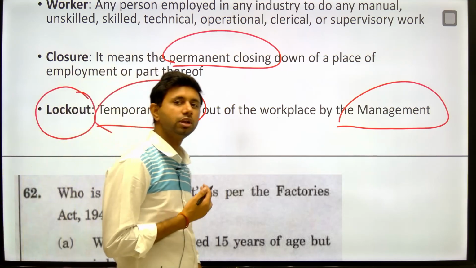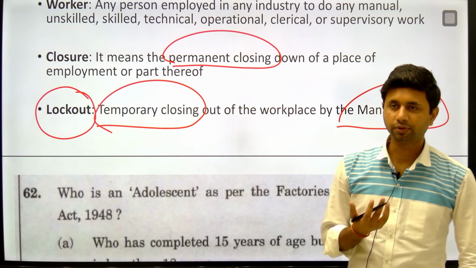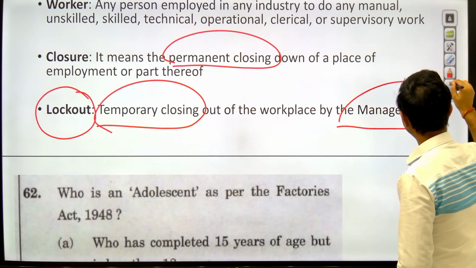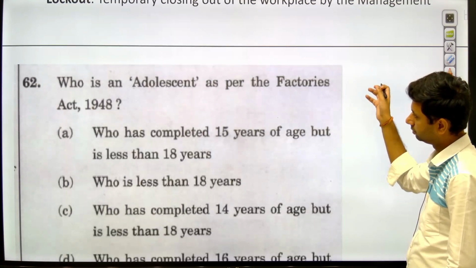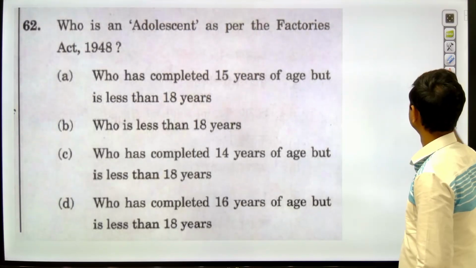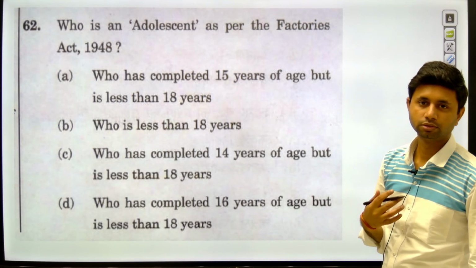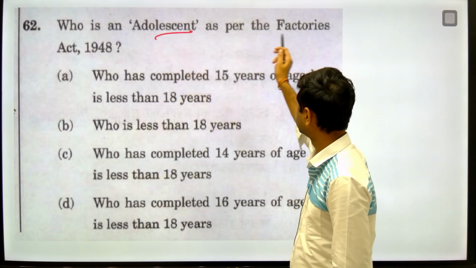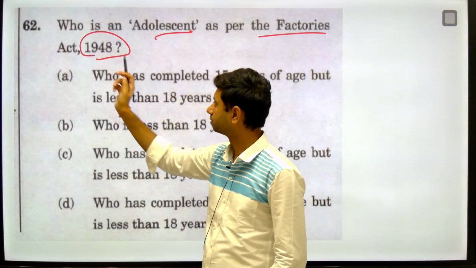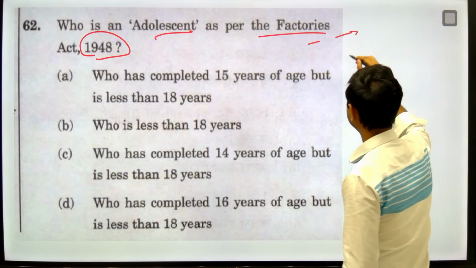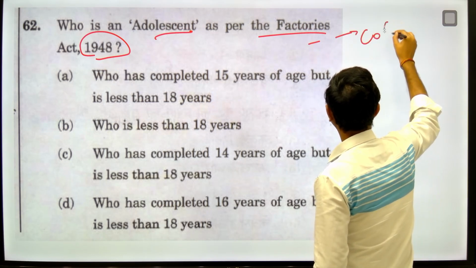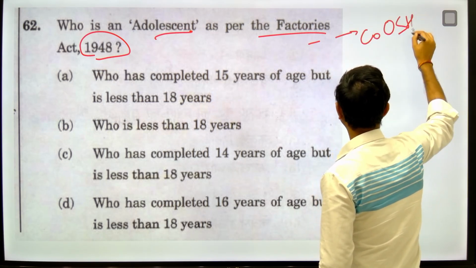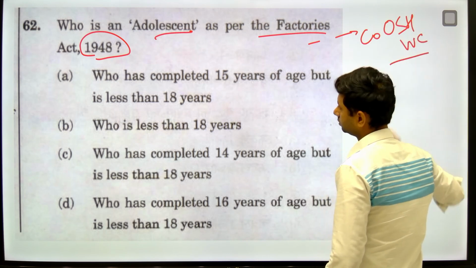Now we will move on to the next question, which is about the definition of adolescent as per the Factories Act. So in 2020, EPFO asked who is an adolescent as per the Factories Act 1948, and this Act has been subsumed under the Code on Occupational Safety, Health and Working Conditions.